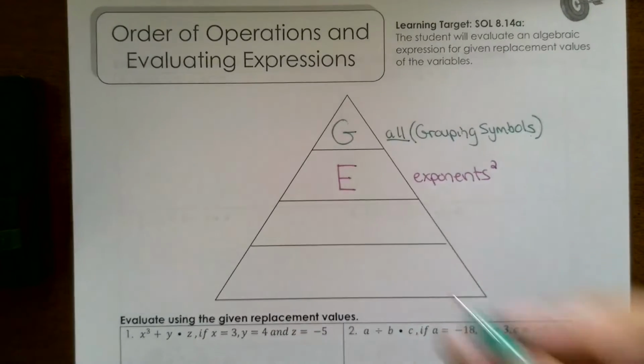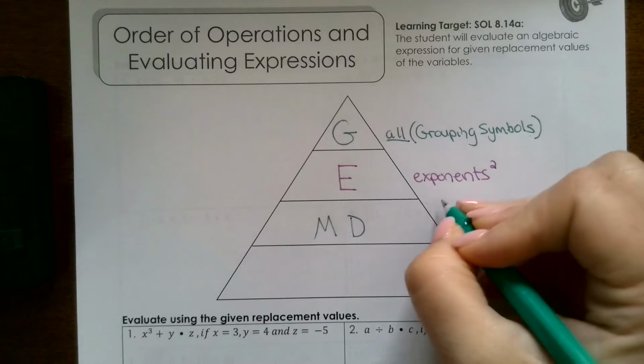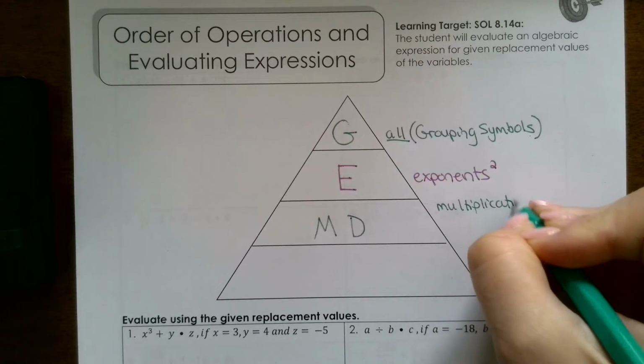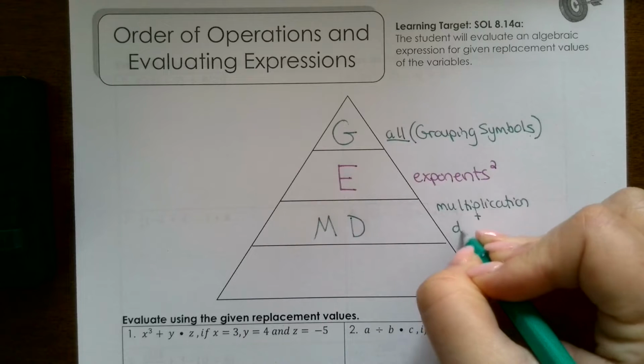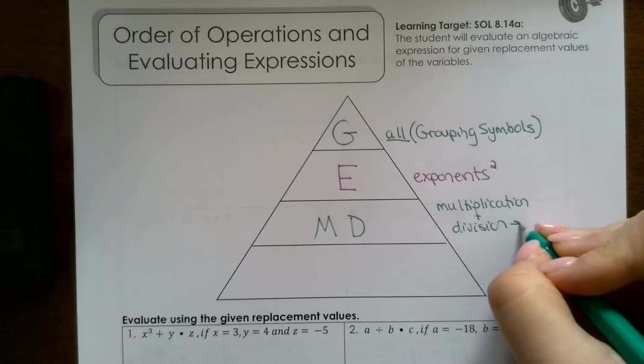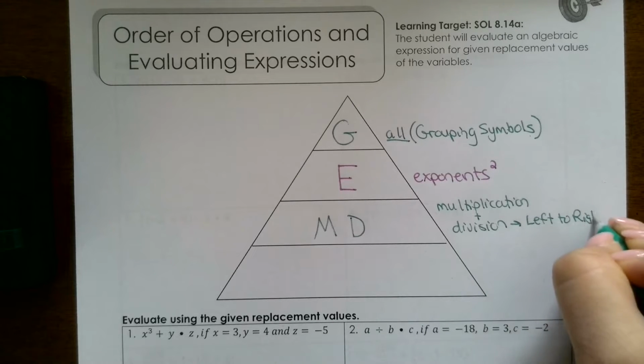Now our next step is going to be multiplication and division. And it's really important to note that this is left to right, just like you read a book.